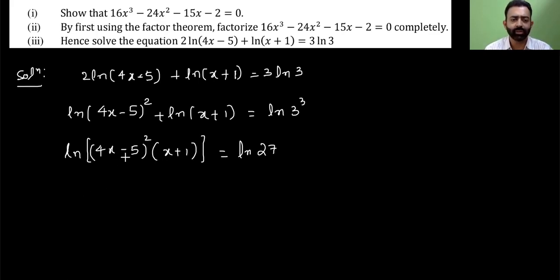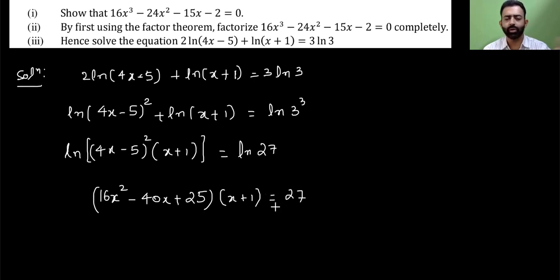So I will get 4x minus 5 whole square. So let us square this. This is 16x square, minus 5 into 4 is 20 into 2 is 40, minus 40x plus 25, times x plus 1 is equal to 27.